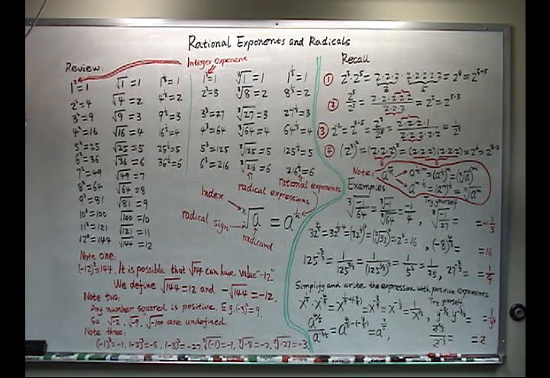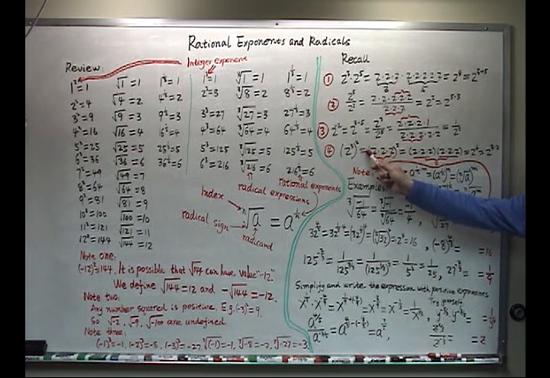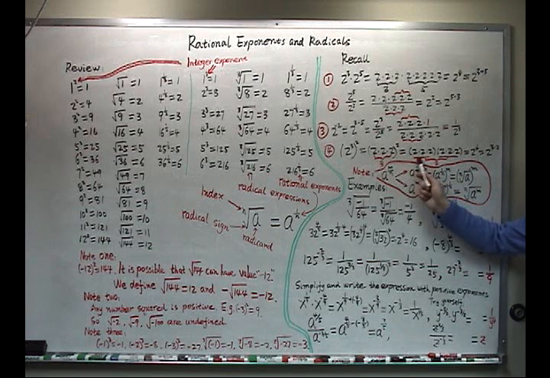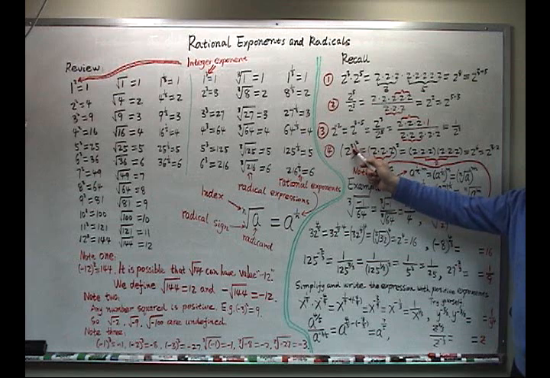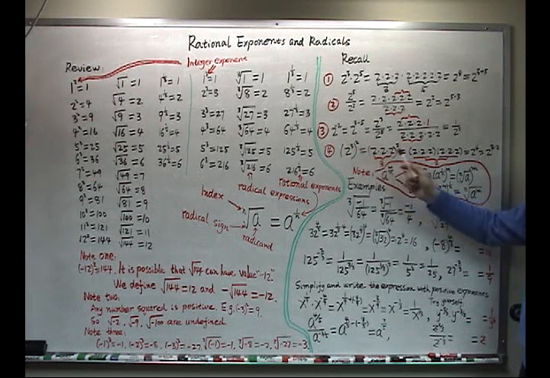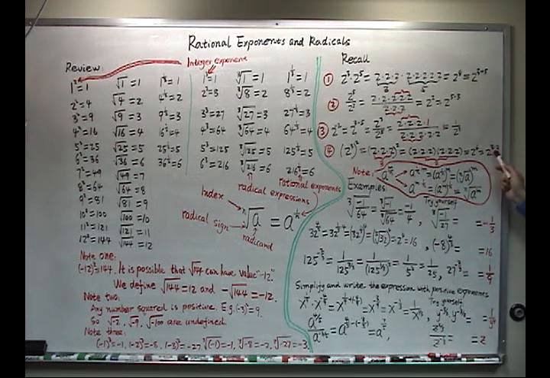The quantity inside the brackets repeats twice because there is a 2 right here. So we have 2, 2, 2, 2, 2, 2. In total, we have 6 2's. This is because 2 times 3 or 3 times 2 on the exponents, we have 6.